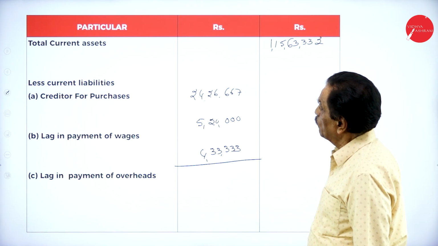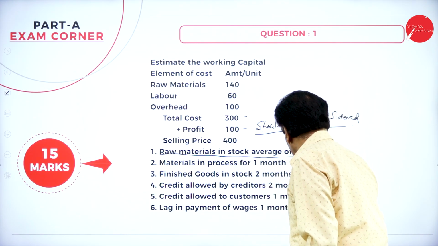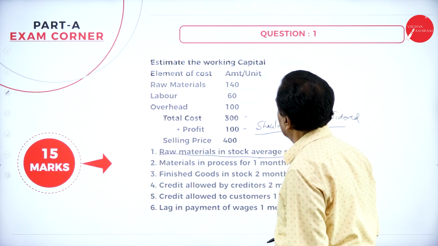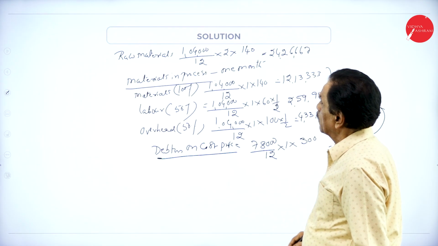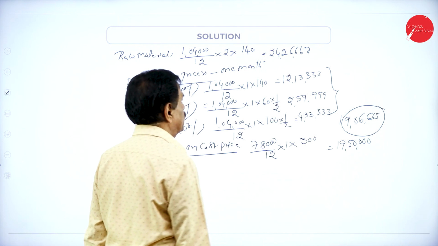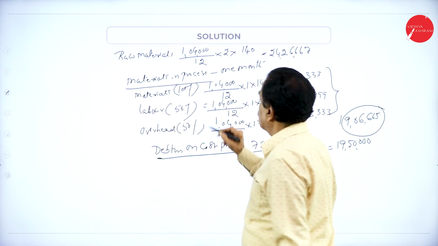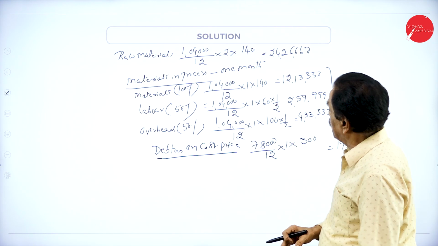Slowly. So first we'll go one by one. Raw material in stock. Everything we have done. This is done. Safety margin. So raw material is 24 lakh 26,667. Material in process 100%, this is 12 lakh 13,333.